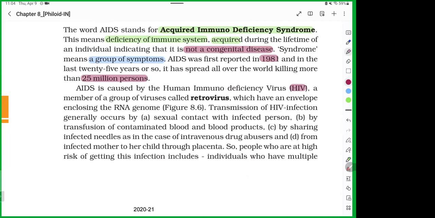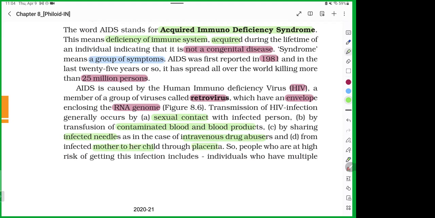HIV is a member of retroviruses, and this virus has an envelope and the envelope contains an RNA genome. So this is an RNA virus like tobacco mosaic virus. Correct? HIV can transmit from one person to another through sexual contact with an infected person, or contaminated blood or blood products, or sharing infected needles in the case of intravenous drug abusers, or from the infected mother to the child through the placenta.